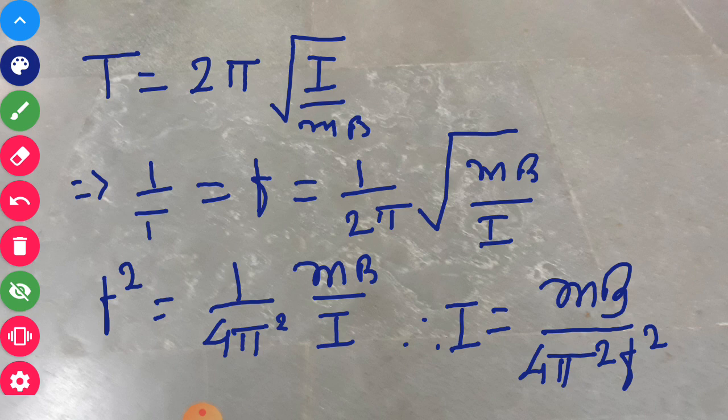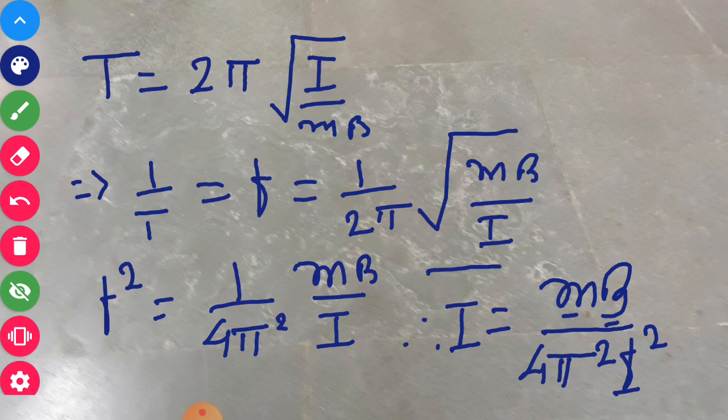Moment of inertia can be found. Magnetic dipole moment we just now found, 0.3768. Magnetic field B is also given. It is 5 × 10^-2 Tesla. Frequency is given, 2 per second.